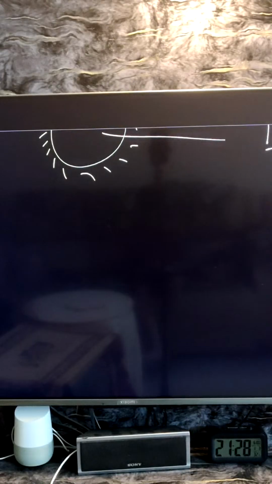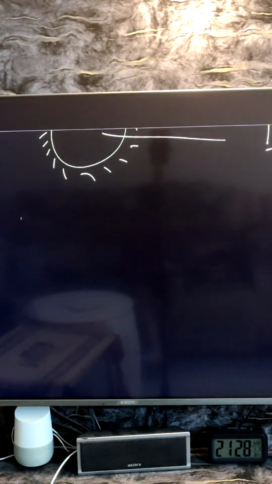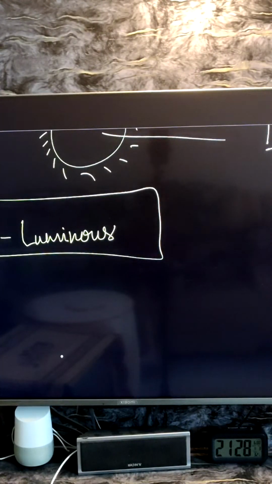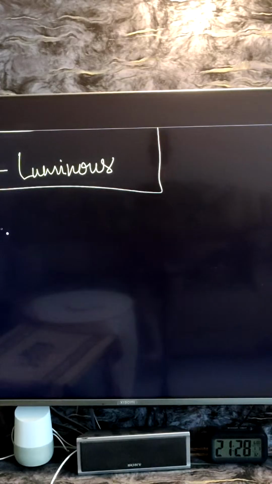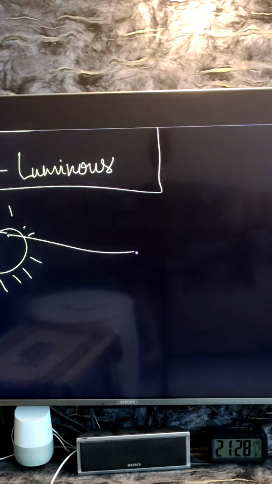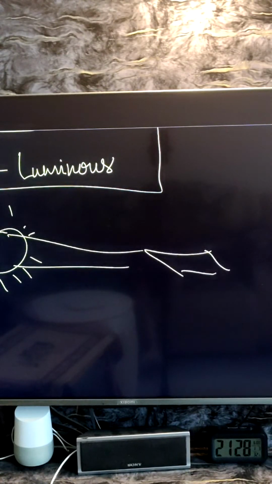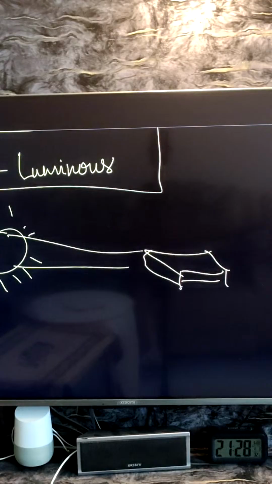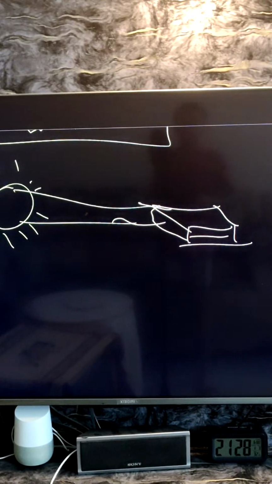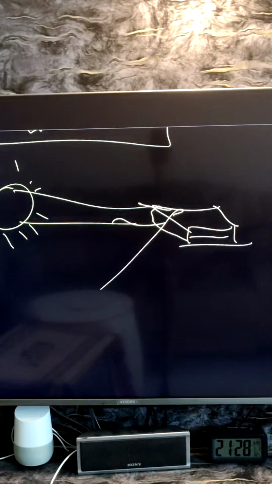However, what happens for non-luminous objects? How do we see non-luminous objects? We're able to see non-luminous objects because when the light from a luminous object falls on a non-luminous object such as a book or a wall, then a part of the light gets bounced back from this non-luminous object.